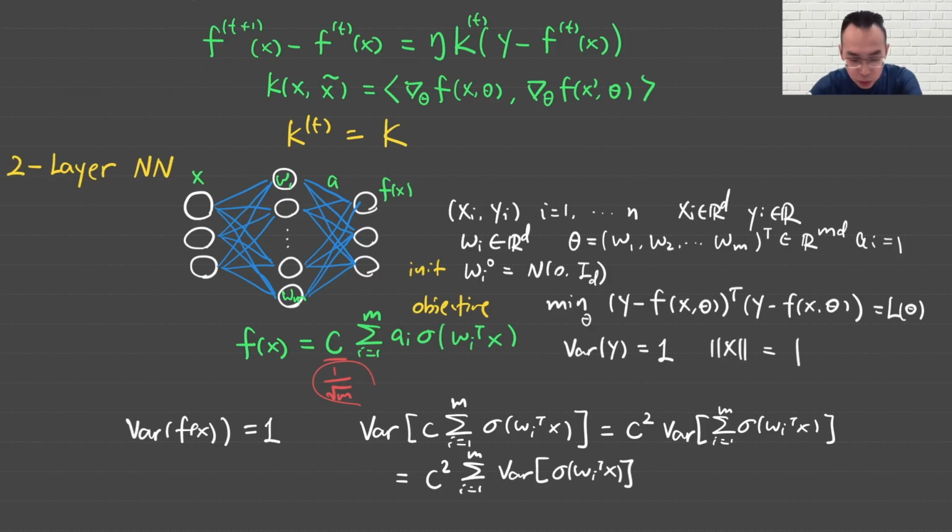Now for this formula, we actually have a nonlinear function inside the variance. But we're going to assume that this nonlinear transformation is not going to change the order of the variance. What I'm saying is that we can assume the variance of sigma(t) equals some constant, let's call it alpha, times the variance of t.